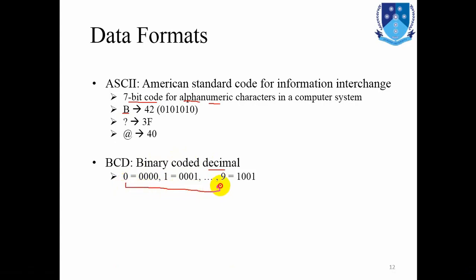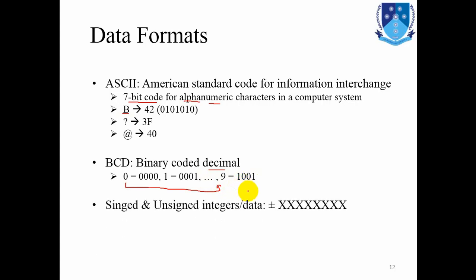If we write the equivalent of all these digits in binary, that is 4 zeros for 0, 0001 for 1, similarly 0010 for 2, and so on, 1001 for 9. So here we can say that we have coded the decimal numbers into binary.